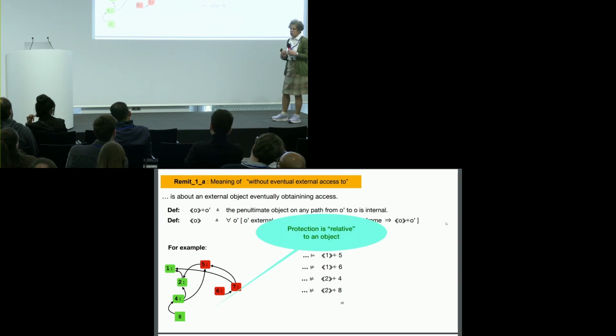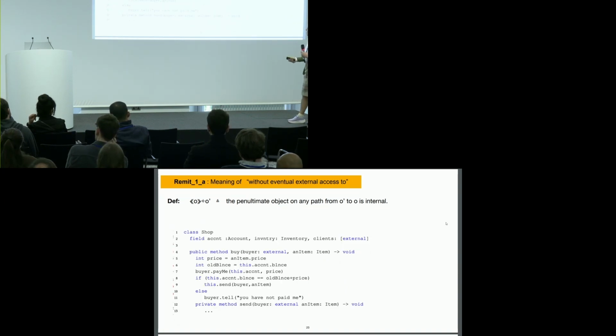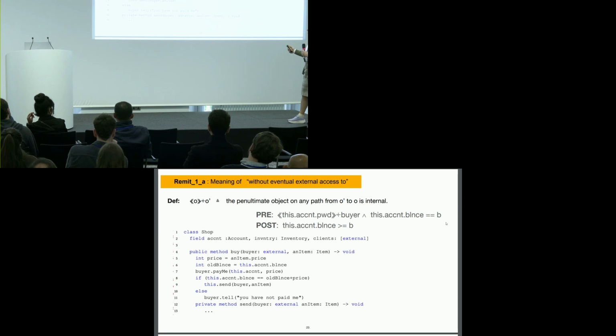So the protection is a relative property, is relative to another object, and in general, lots of things are relative properties. If we consider our example from earlier, I can now give a specification that says, if the password of my account is protected from the buyer, then I know that afterwards the balance is not going to be decreased.